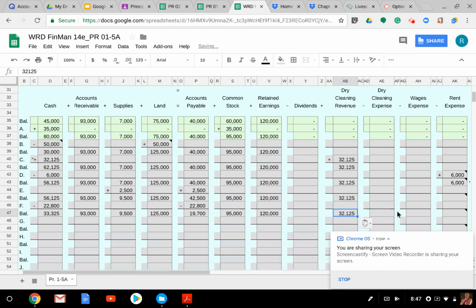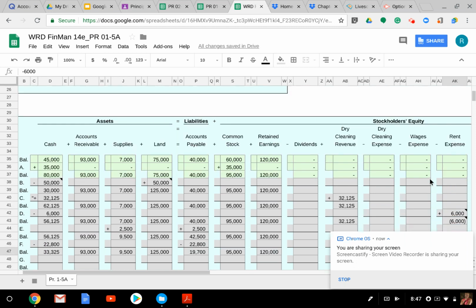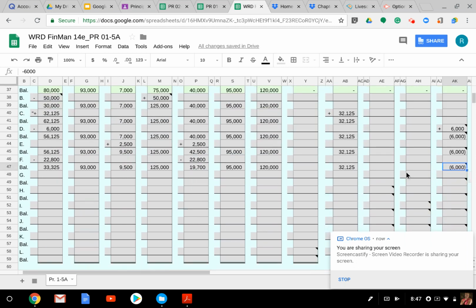The only other account that we had a transaction for was rent expense, and we had an expense of $6,000. This one is showing an asterisk, meaning it's marking it incorrect because I did not put a minus. The reason why you write a minus on the total line is because you're going to eventually subtract all your total expenses from your total revenue. Therefore, your balance has to be shown as a subtraction so that you get the right net income or loss.